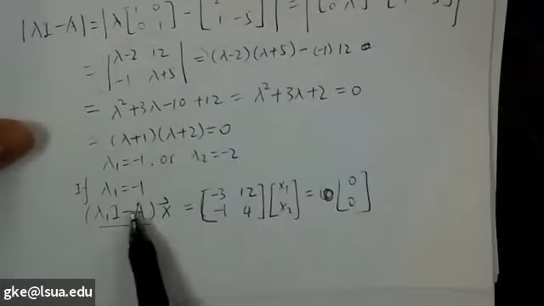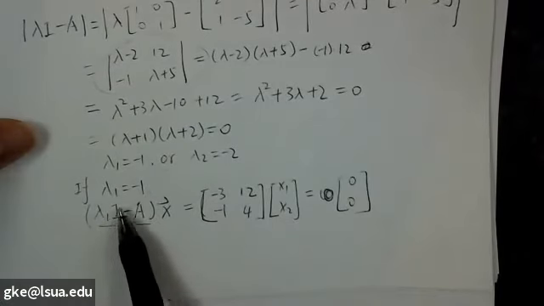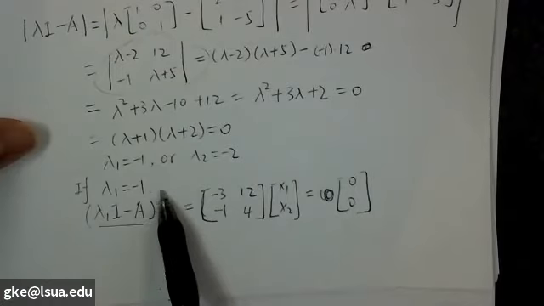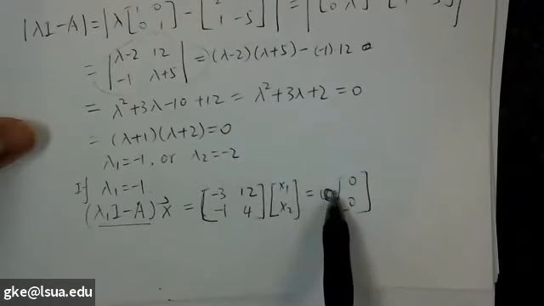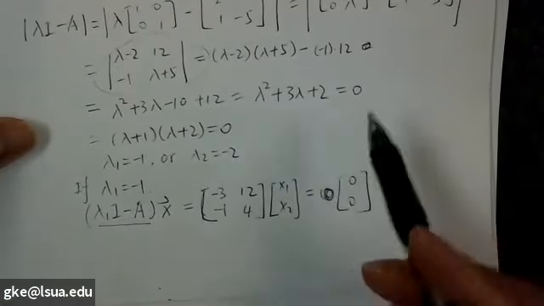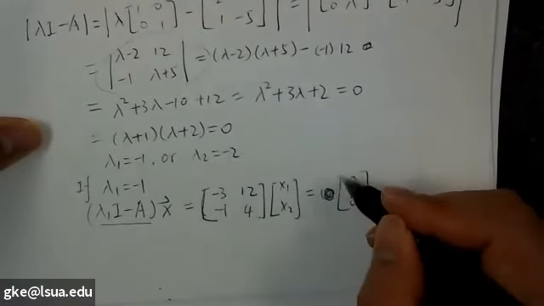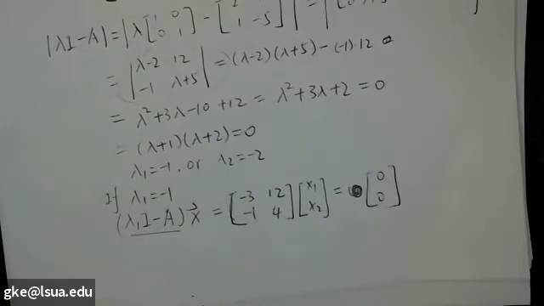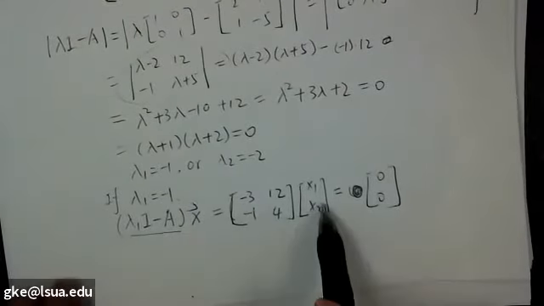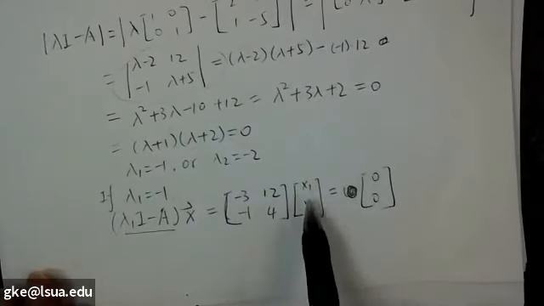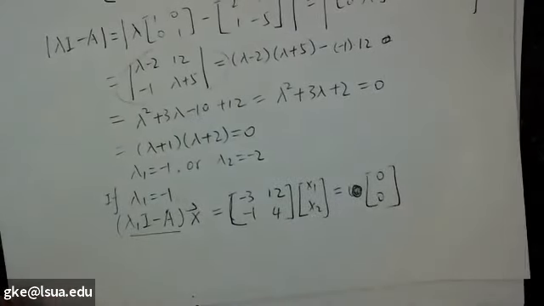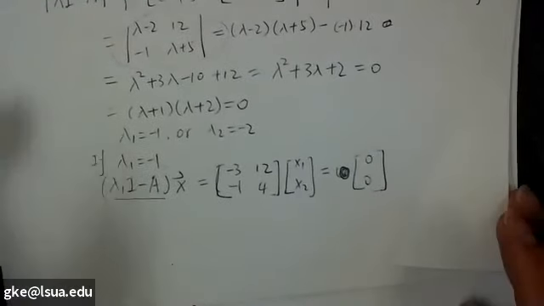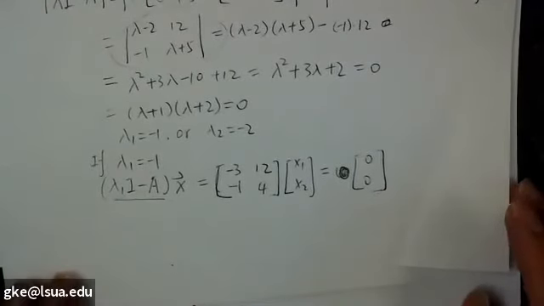So we have [-3, 12; -1, 4] times (x1, x2) equals (0, 0). Then we can solve for x1 and x2. What are we going to do? We use Gauss-Jordan elimination, which we learned before.